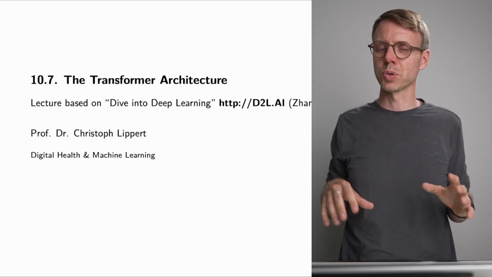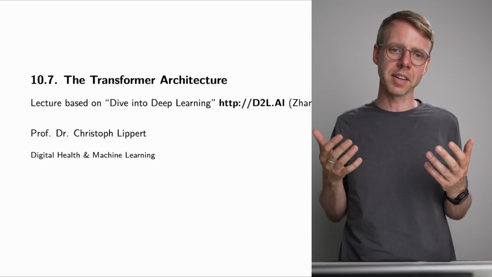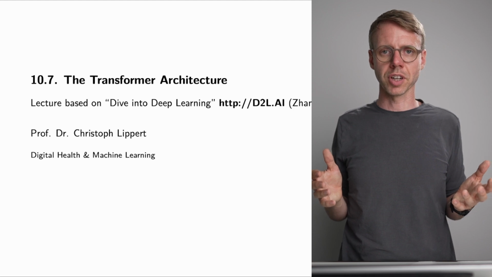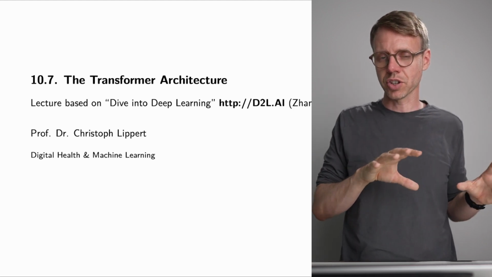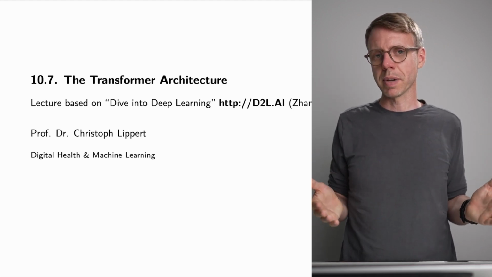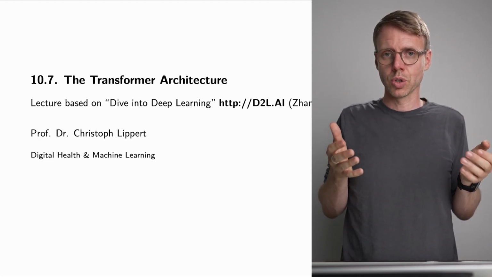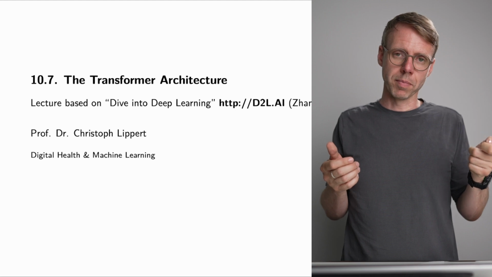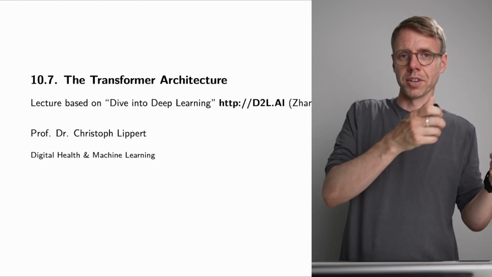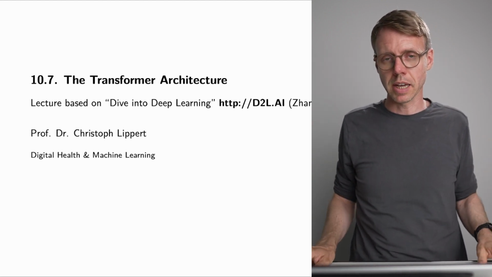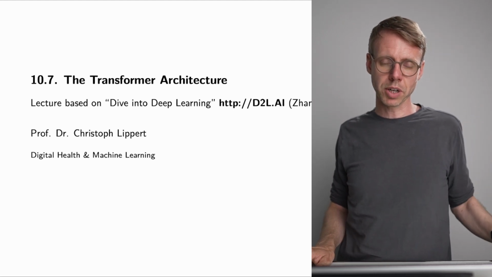Hello, welcome to today's lecture on deep learning, where we'll discuss the transformer architecture. In the last lectures on the attention mechanism, we introduced it as a way to perform queries on key value pairs using neural networks.